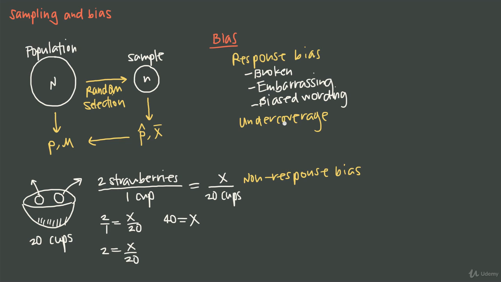Undercoverage is when we leave out a large group of people. So, for example, if I run a daycare center and I want to learn about the income of the parents of the children who I take care of, I could maybe ask those parents as they show up to pick up their children how much money they make on an annual basis.